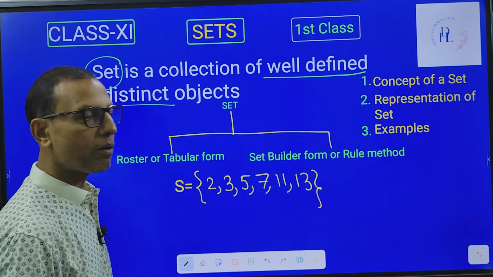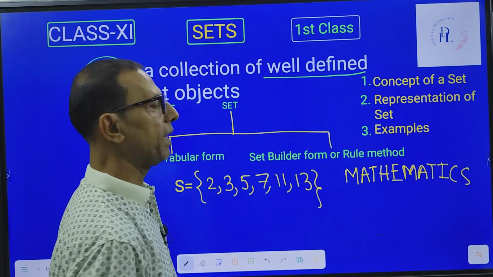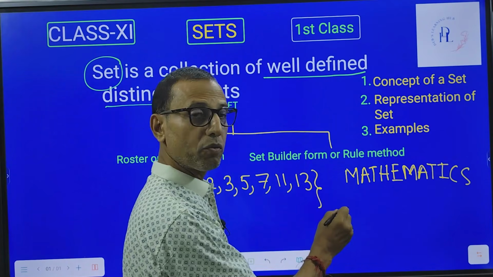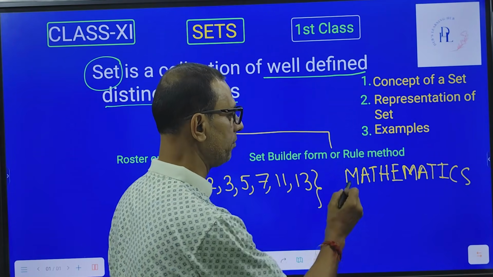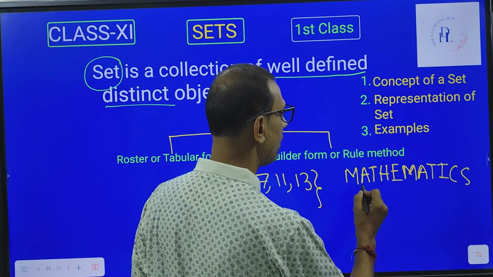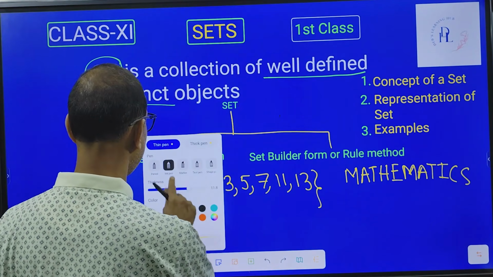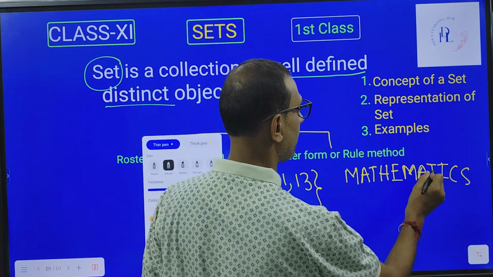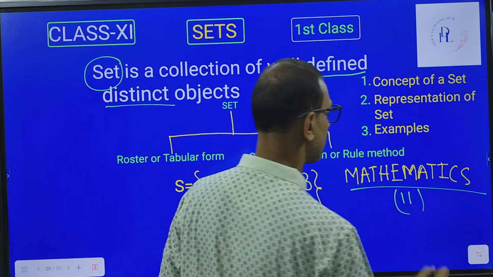What is the spelling of mathematics? M-A-T-H-E-M-A-T-I-C-S, but we can see a few letters are repeated. The total number of letters here is 1, 2, 3, 4, 5, 6, 7, 8, 9, 10, 11. So the total number of letters is 11.